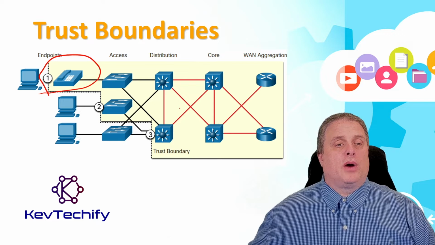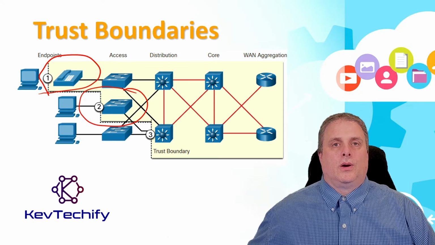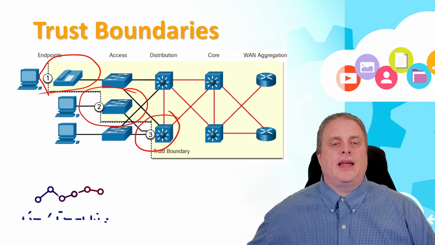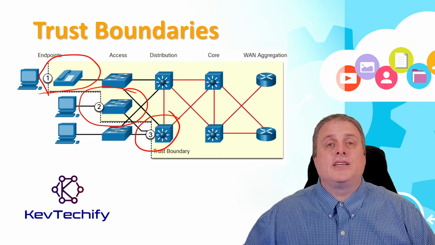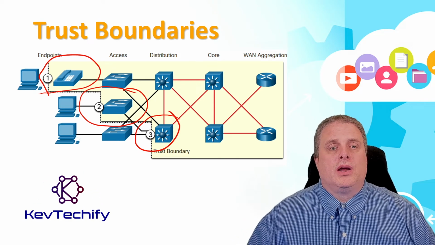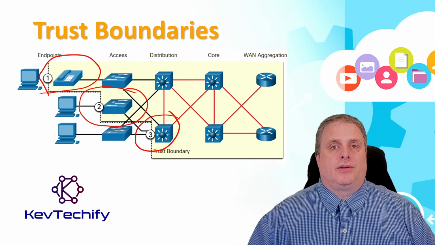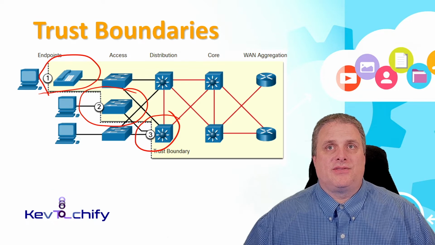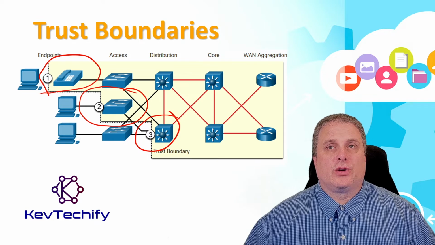Traffic can also be marked using layer 2 switches, or it can be labeled at layer 3 using layer 3 switches or routers. As traffic travels across your network, the remarking of that traffic may have to happen. And we can change those IP precedence values or those DSCP, differentiated service code point values.